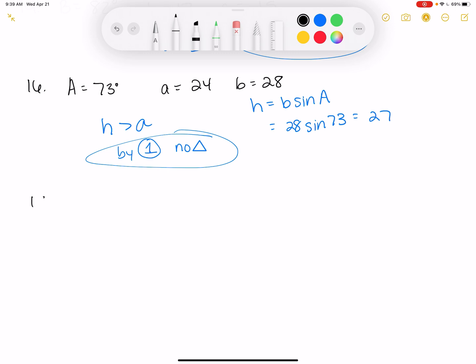All right, one more, and then I'll give y'all some problems that you can either work on or something else. We'll do the 2 triangle ones tomorrow, the actual solving of 2 triangles. B is 88 degrees, b is 14, and c is 62.